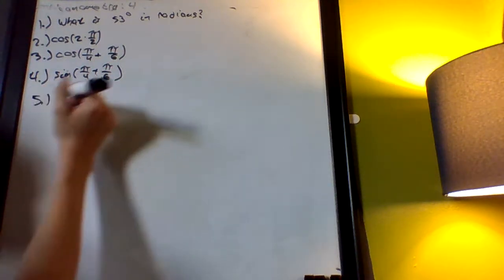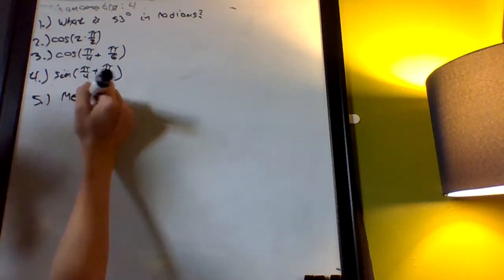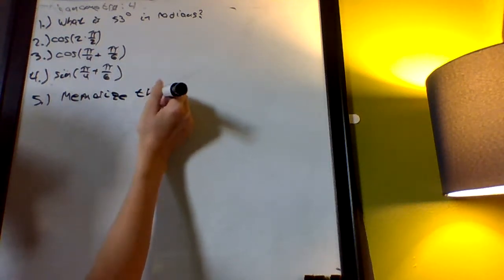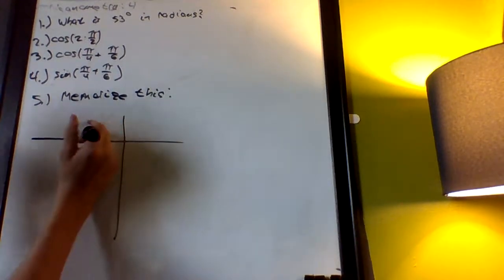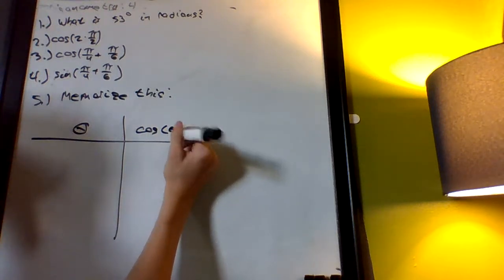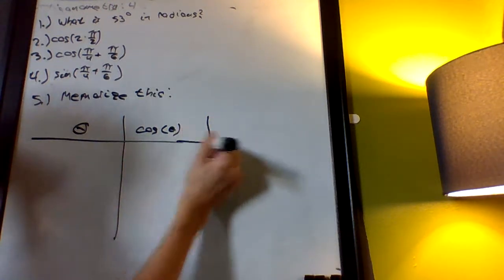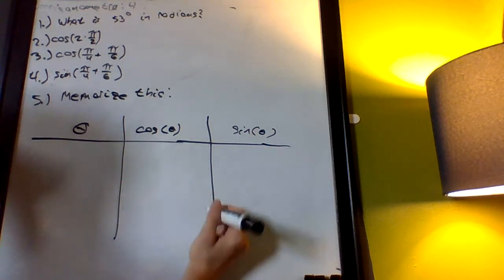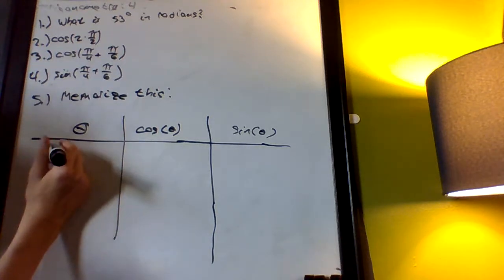Number 5 is to memorize this. It's a table of your angle theta and your output cosine theta, and then your other output sine theta, okay? You should remember all of these.